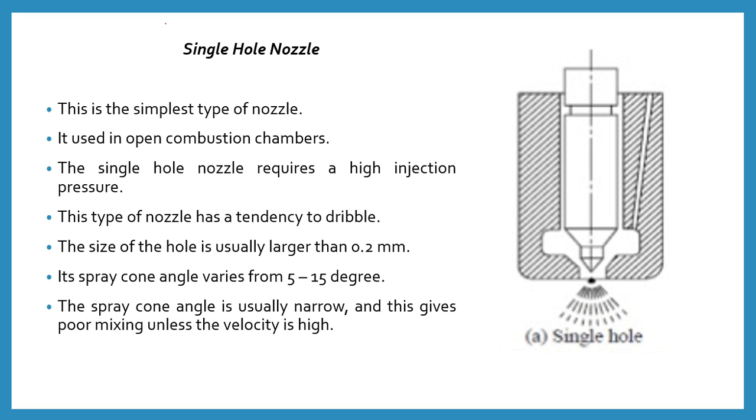Then the air-fuel mixture burns properly and the actual power comes out. Here is the basic picture of the single hole nozzle. This cone is called the spray cone angle.